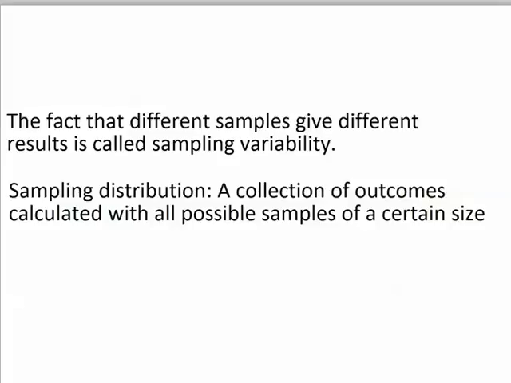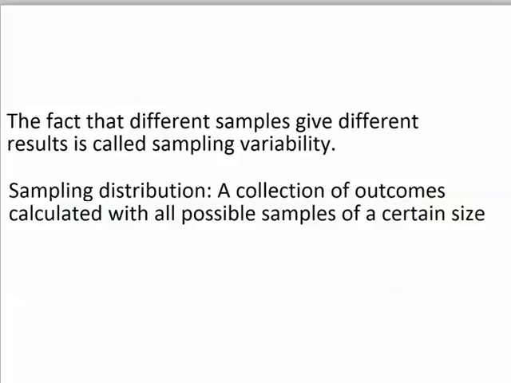Well, if I was calculating the median of my sample, then every possible sample that I might select would have its own median, and my sampling distribution would be the medians of all possible samples. If I was calculating the standard deviation of my sample, then every possible sample would have its own standard deviation, and my sampling distribution would be the standard deviations of all possible samples.